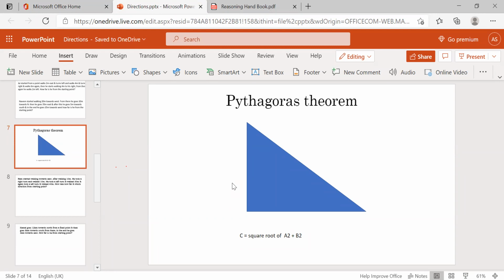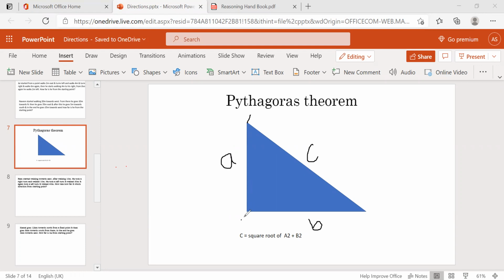I think everyone knows about this Pythagoras theorem, right? So here you just consider this. This is A and this is B, then this will be C. By using the Pythagoras theorem, we can find this length.